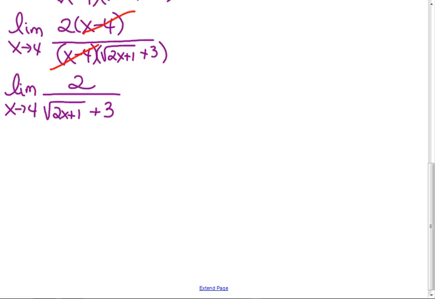Okay, so what am I going to get? Hey, guys in the back, what do I get? I get 2 over 4. 2 times 4 is 8 plus 1, so that's 9. So it's 3 plus 3. So it's 2/6 or 1/3.